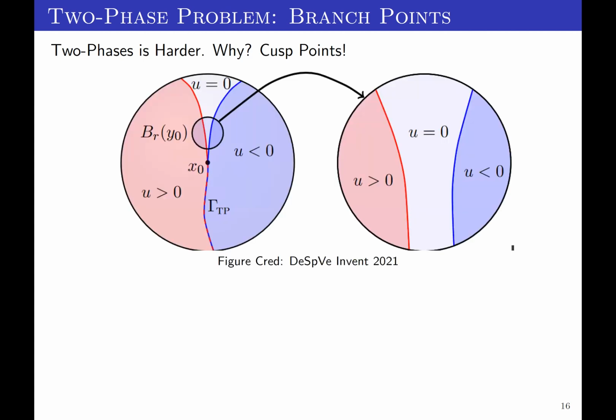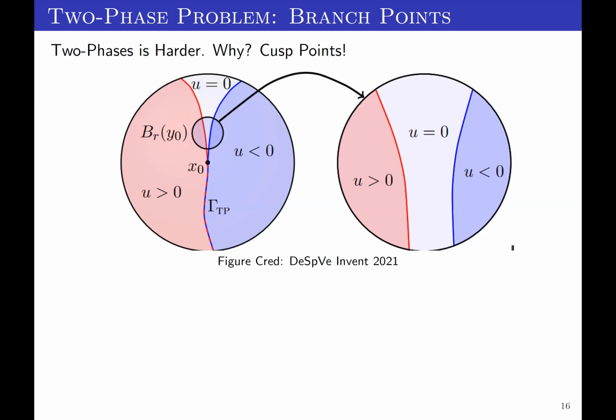So here's a very nice picture from a very beautiful paper of Guido De Philippis, Luca Spolaor, and Bozhidar Velichkov. And the idea is the following. There's a different free boundary condition on two-phase points, points where the positive and negative set come together, than there is at one-phase points, points where the positive set touches the zero set or the zero set touches the negative set.